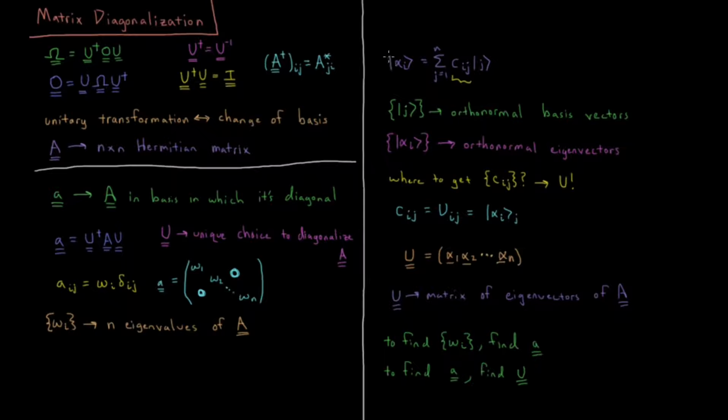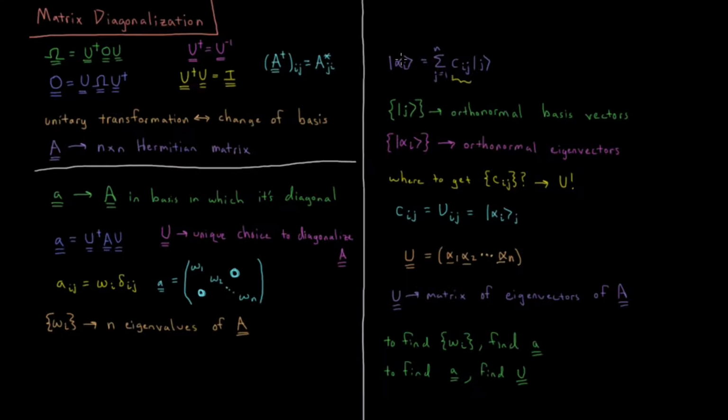Okay, so if we have a given eigenvector alpha i, which is equal to the sum from j equals 1 to n of some coefficient times some given basis vector. So for each eigenvector i, there are n eigenvectors, and for each basis vector j, there is some coefficient which tells us how much of this eigenvector is represented by this particular basis vector.